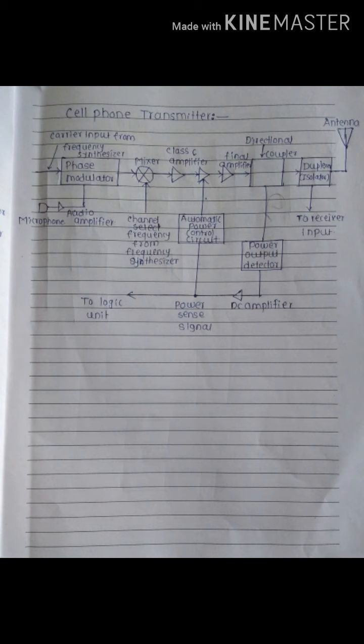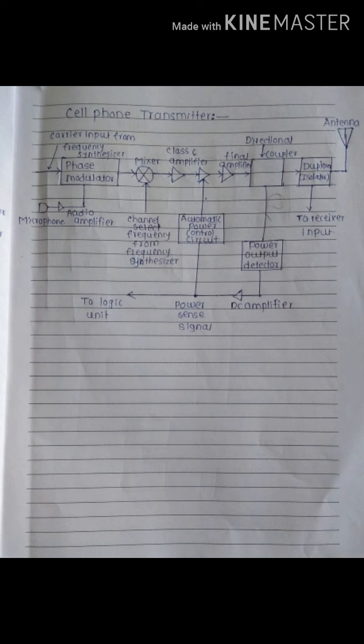The phase modulator output is given to the mixer, and another input to this mixer comes from the frequency synthesizer circuit. The mixer output is given to stages of class C amplifier.